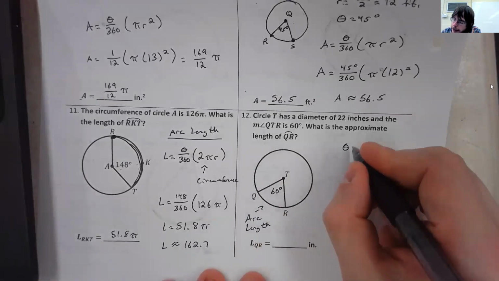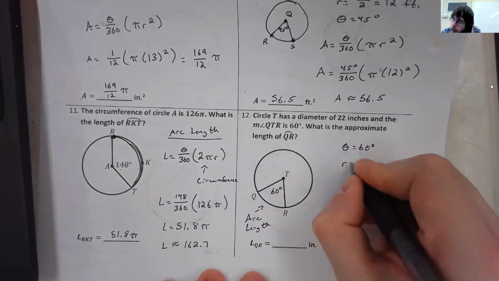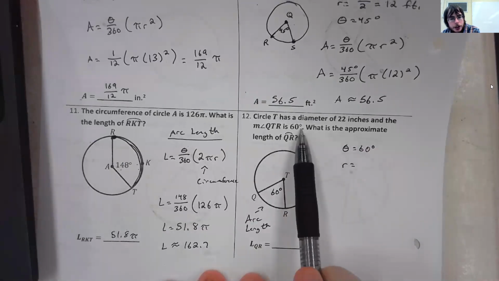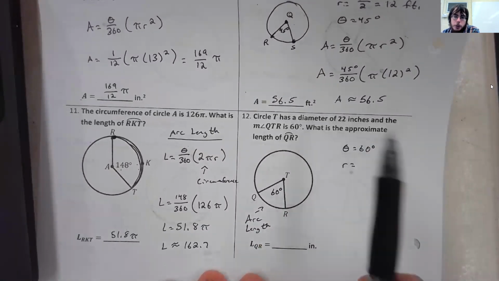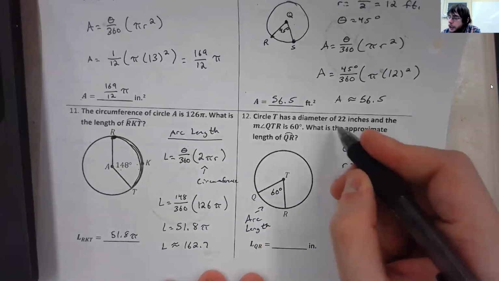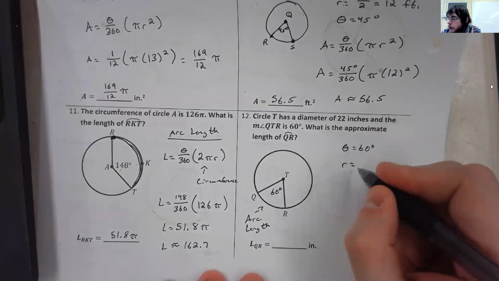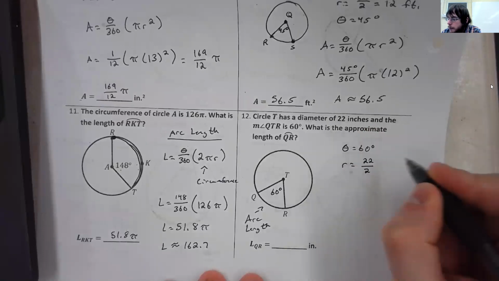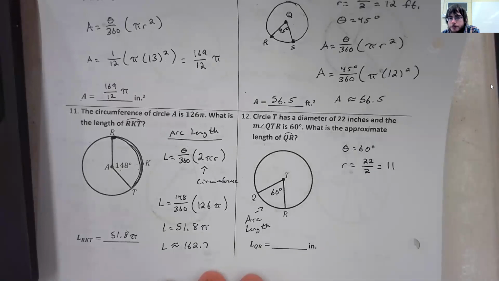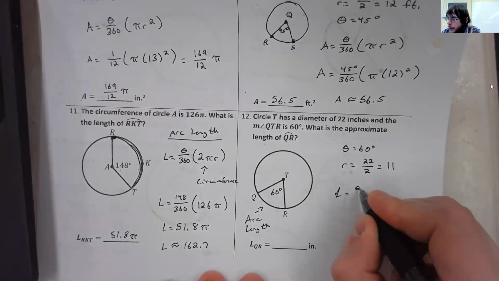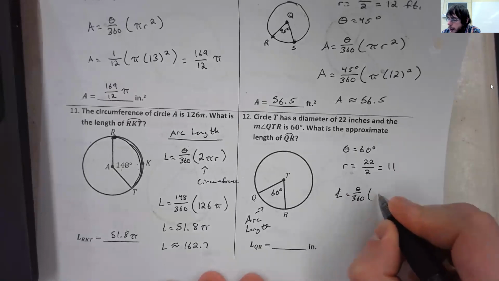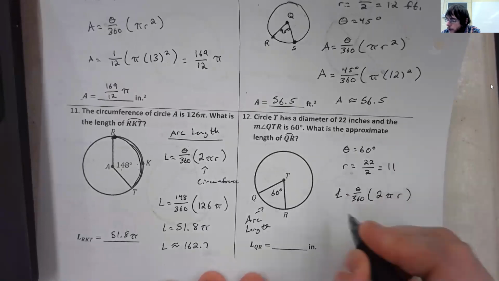It's given to us as 60 degrees. But you'll notice that we're given a diameter of 22 inches. So to figure out our radius, we take 22 divided by 2, and we get 11.